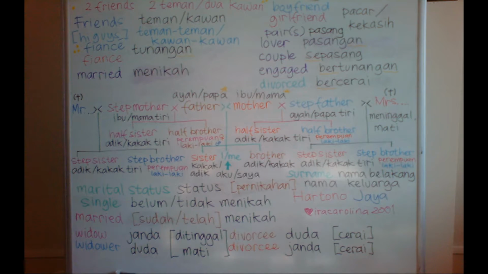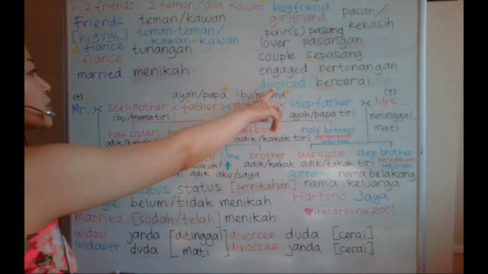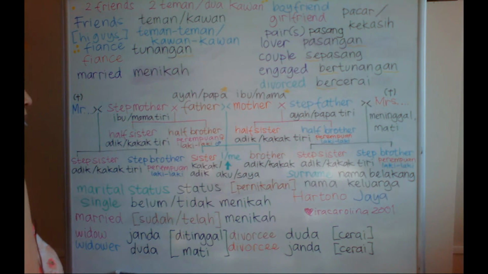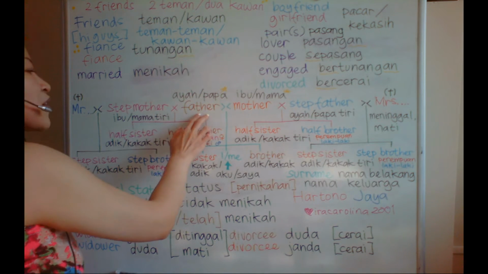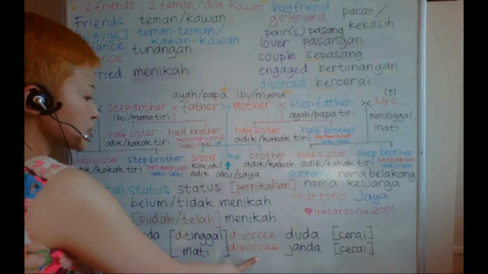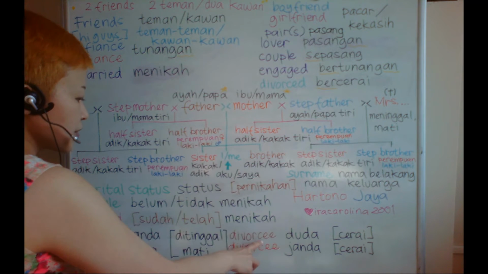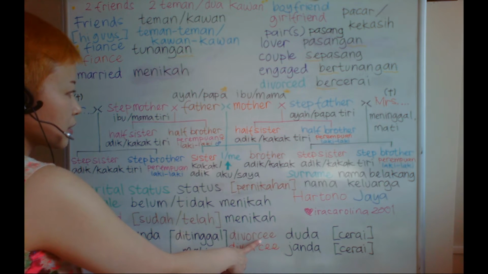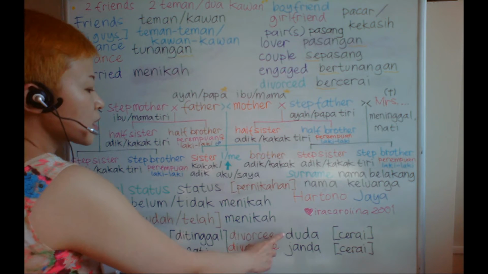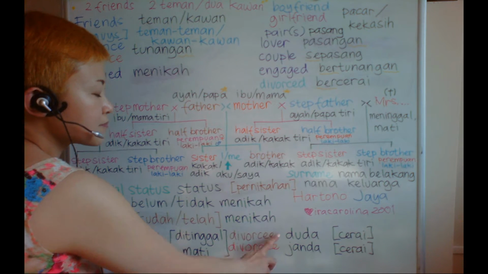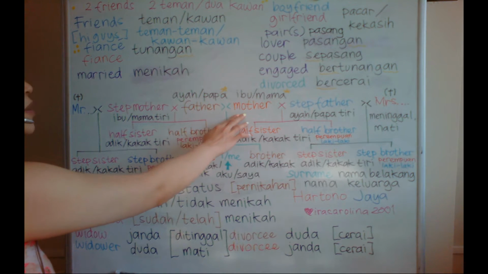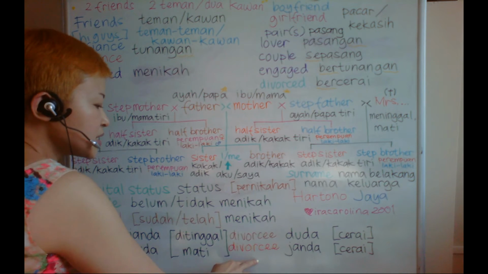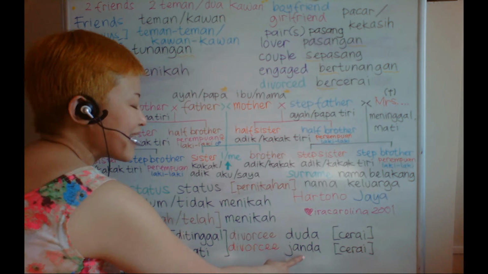Let's say they're divorced, bercerai. My father becomes a divorcee. In Indonesia, duda. My mother becomes a divorcee, janda.